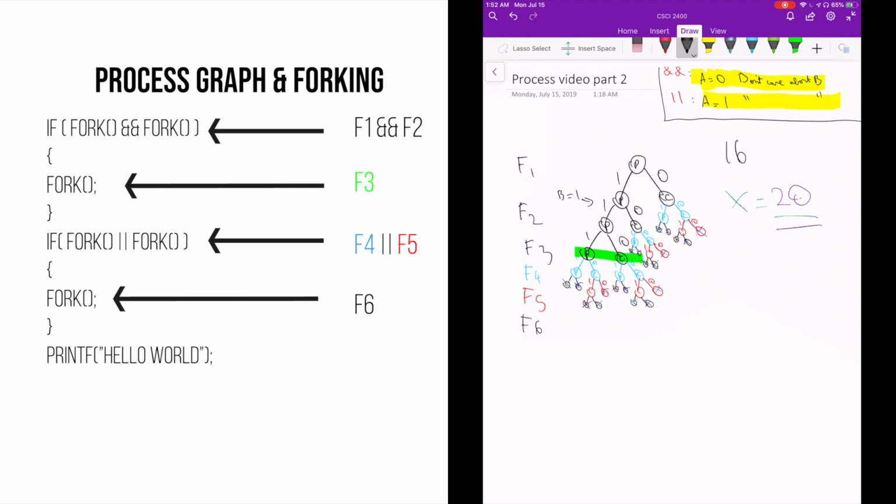Once again, when A was 0, we didn't care. This here was when A was 0. Hence, we only forked on the left side. And then we did a similar logic with the OR. And hopefully the colors can help you differentiate each different part.